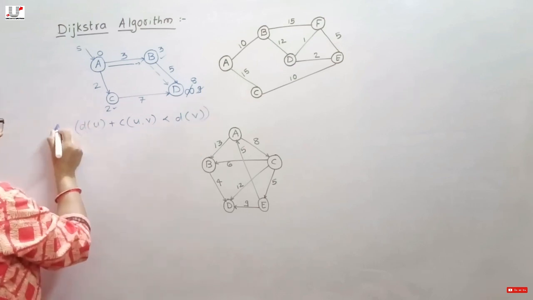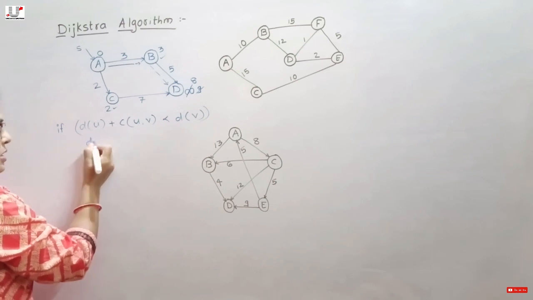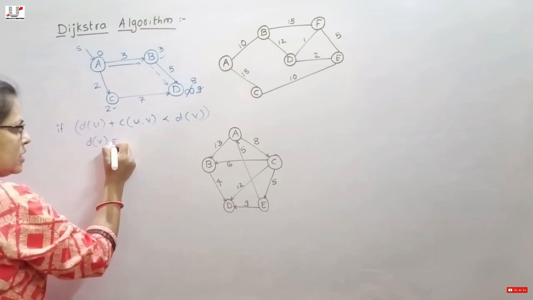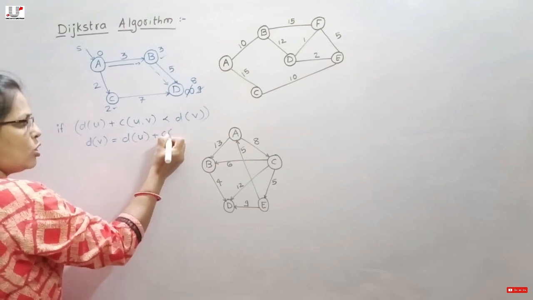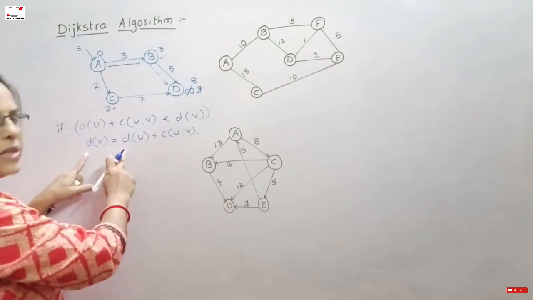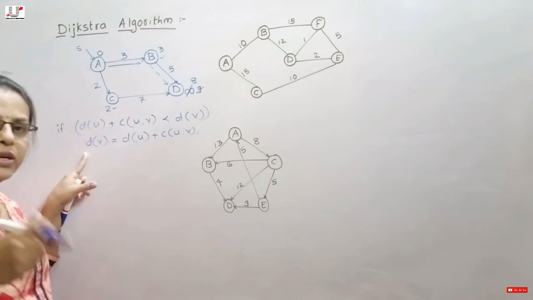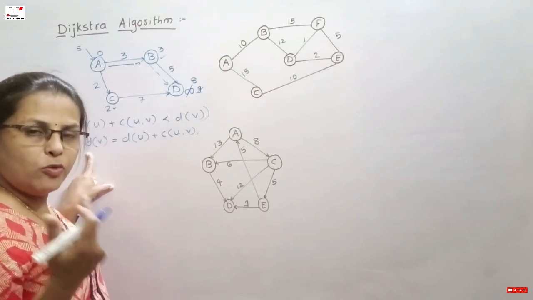If this condition is true, then the distance of v gets replaced with distance of u plus cost of uv. This is the condition which we have to continuously check for relaxing a vertex.